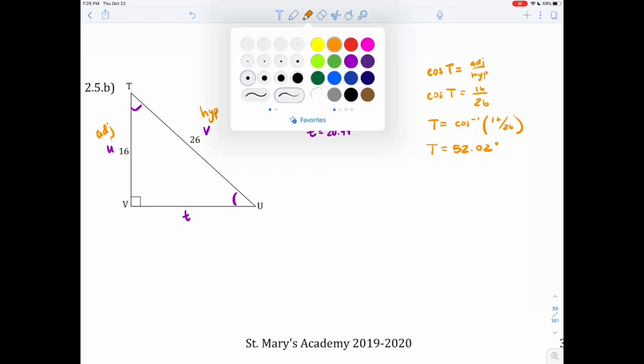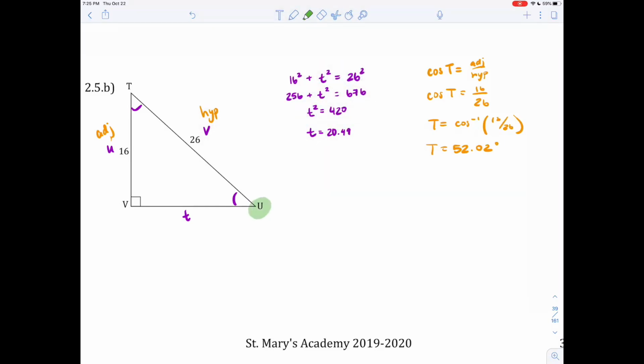So to go ahead and do that, according to my angle U, my 16 is considered my opposite, and my 26 is considered my hypotenuse. If I have my opposite and my hypotenuse, I'm going to use the trig ratio sine. Sine of angle U is my opposite over my hypotenuse, or sine of U is going to be 16 over 26.